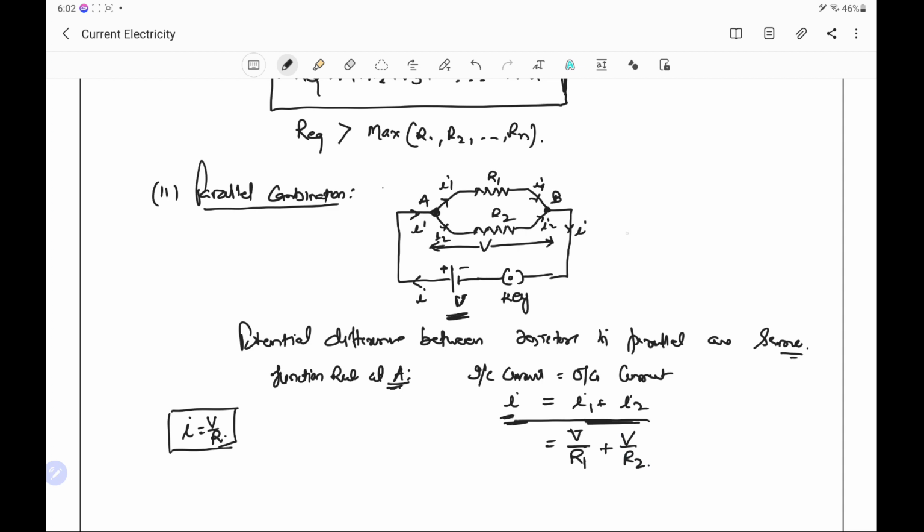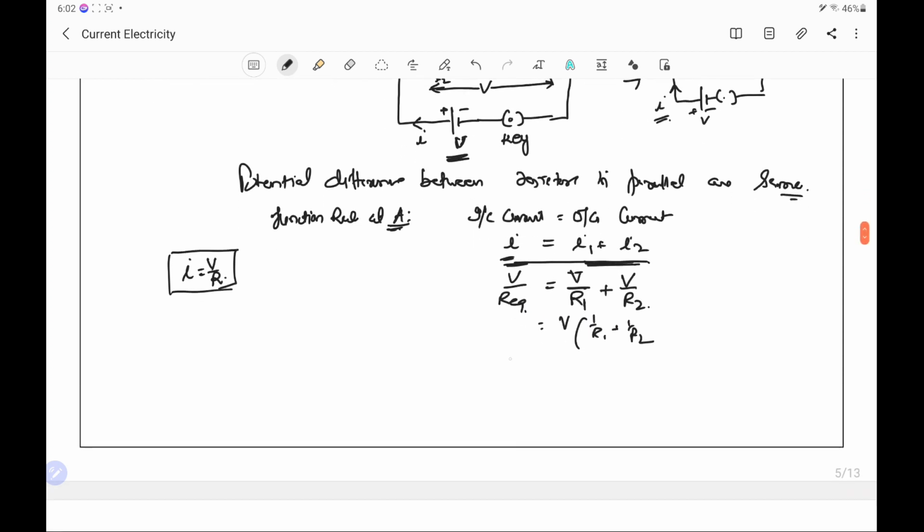And this will give the final current. If we replace this circuit with a single resistor, say R equivalent, the resultant of the parallel combination, connected to a cell of voltage V and the key, and the current drawn from the cell is I, then we can write I is V by R equivalent. Taking V common, it is 1 by R1 plus 1 by R2.